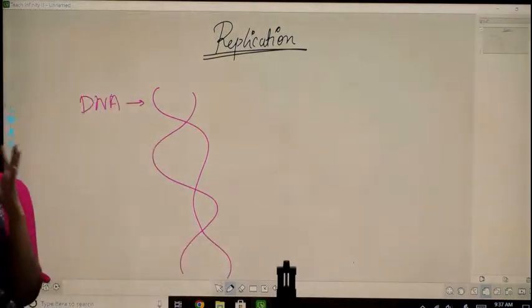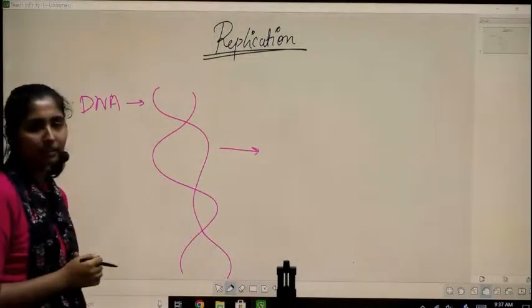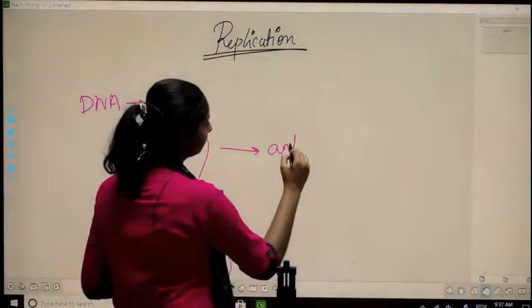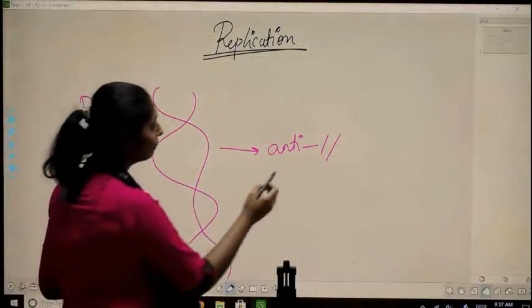So in a given DNA segment, we have two strands. Now these two strands we had learned are antiparallel, meaning they have opposite polarity and they are complementary to each other.